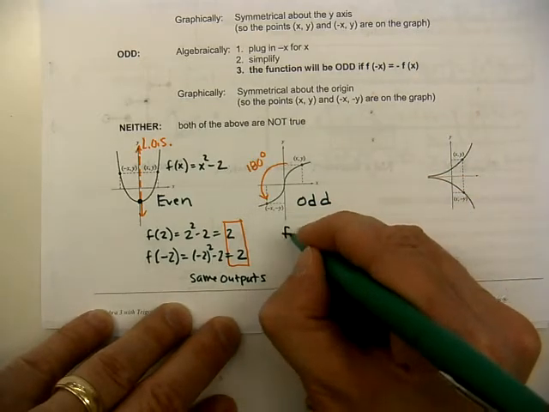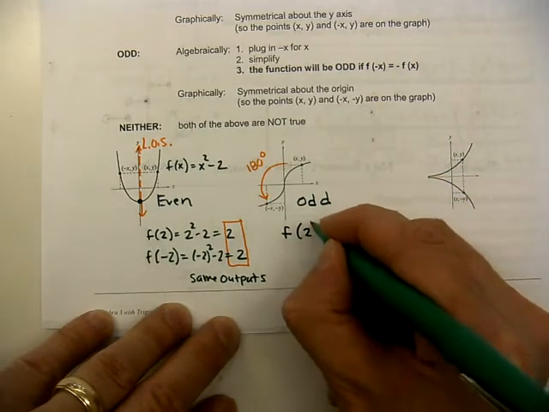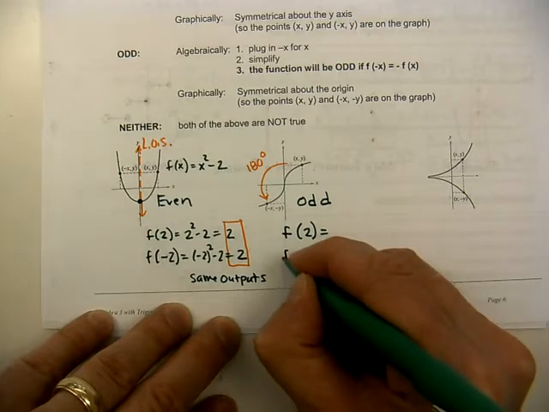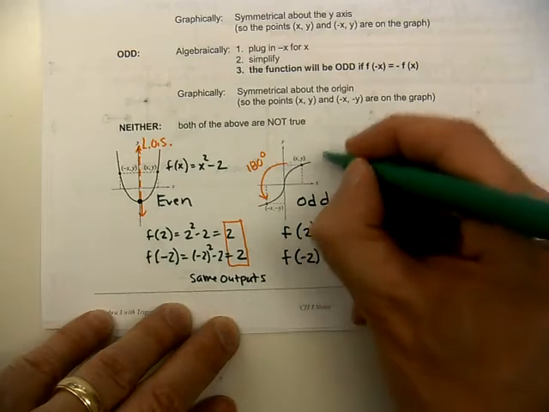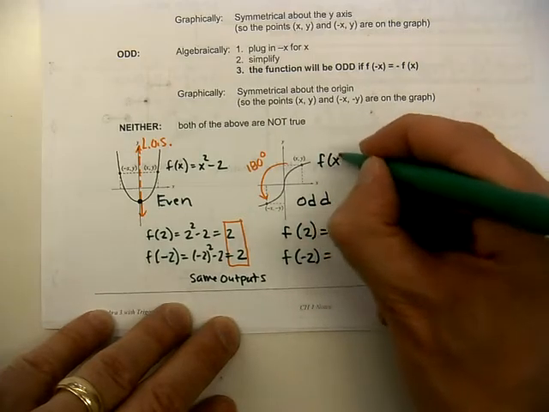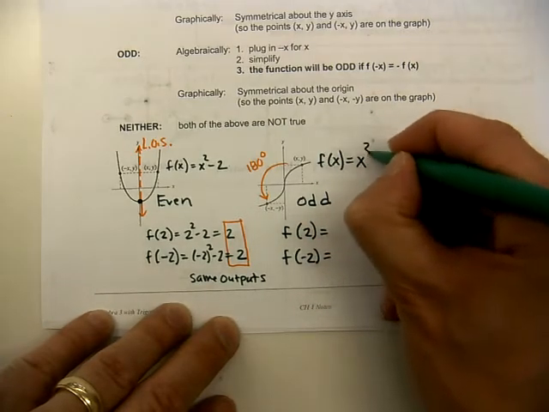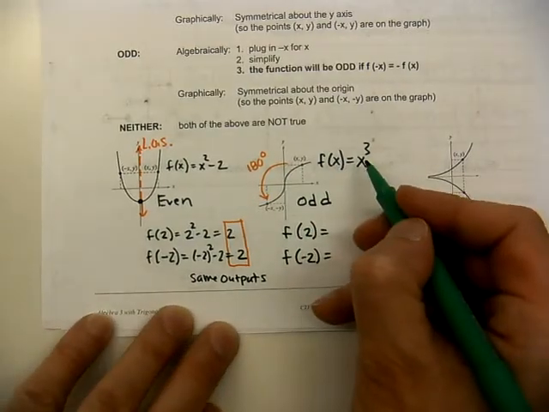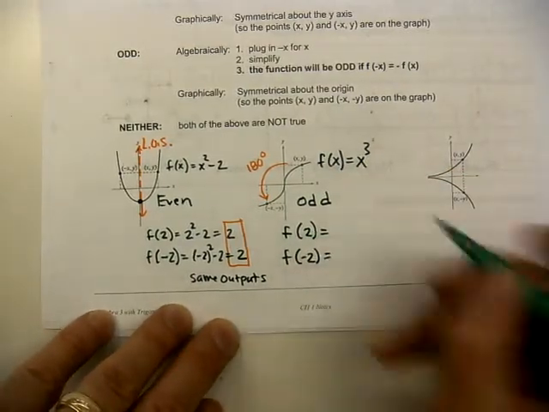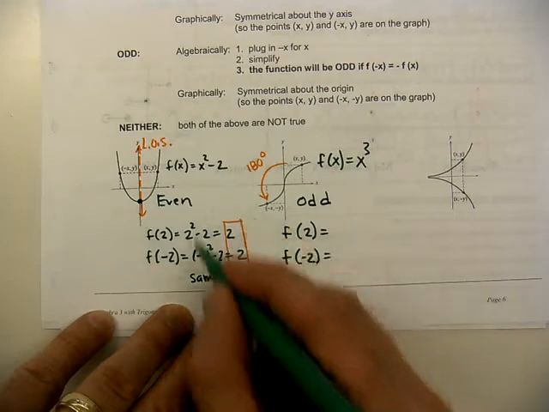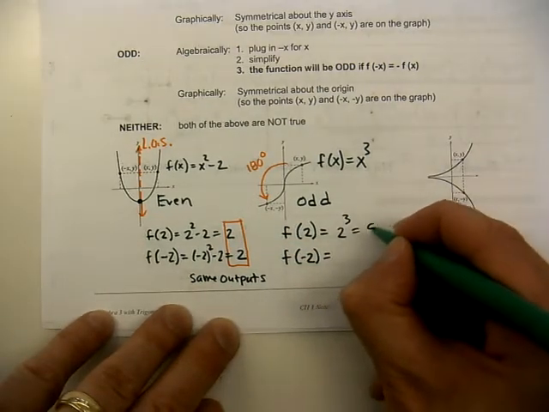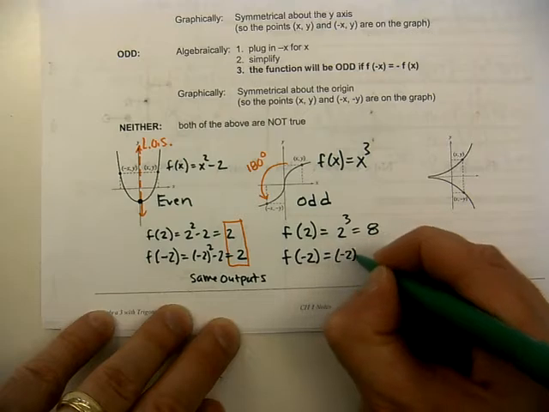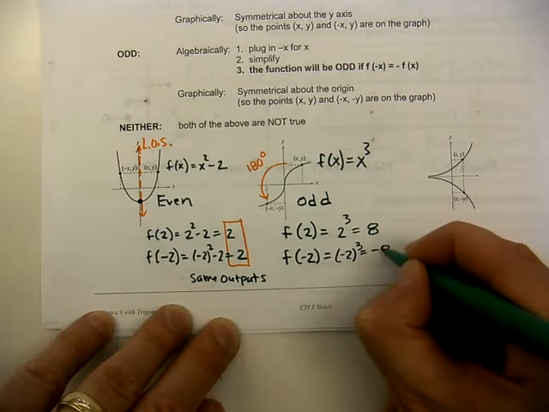Now let's see what's happening if we were to plug in a positive and a negative input. So let's make up a function that could maybe represent this. Let's look at x cubed as if that were the function. What happens if you plug in a positive or a negative input? Do we get the same output like what we saw previously? So 2 cubed gives me 8, and negative 2 cubed gives me the opposite of 8.